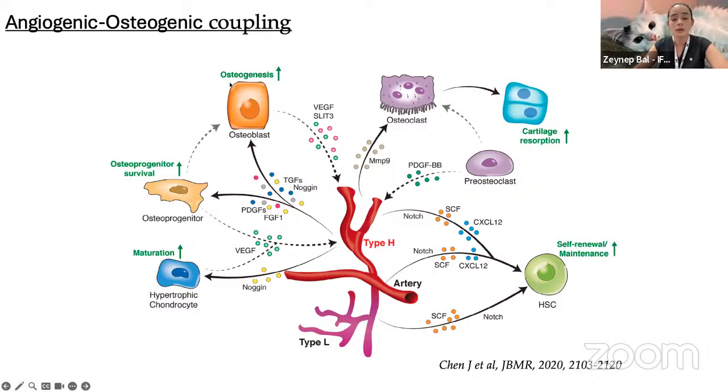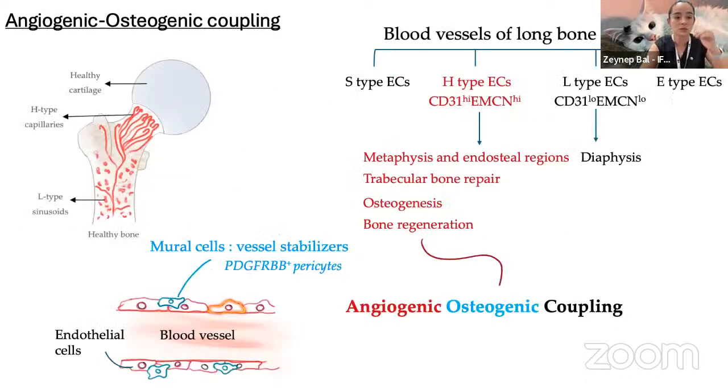In osteogenesis, VEGF or SLIT3 is released from osteoblasts to let type H vessels expand, or PDGF-BB released from preosteoclasts again increases the number of type H cells. So there's always a connection, and angiogenesis or vascularization is as important as osteogenesis in bone regeneration or remodeling. I'm sorry.